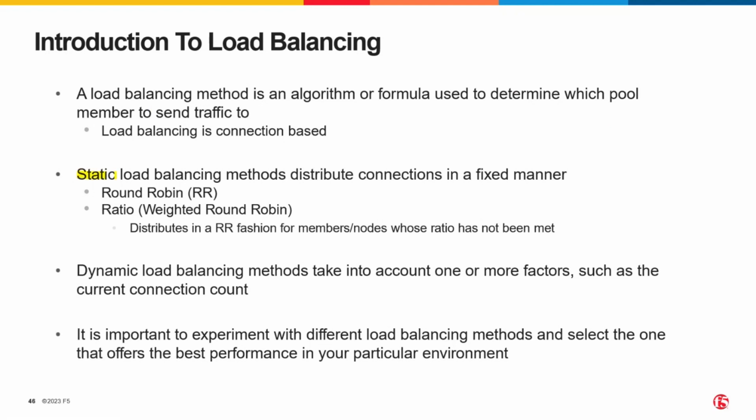So when we talk about static load balancing methods, they are not taking into account actually anything, okay? They are static. So round robin and, for example, ratio, those are static load balancing algorithms. When we talk about dynamic load balancing algorithms, they're taking into account, when they are making the decision where to send the traffic, some metrics, some more factors according to what's happening with this traffic, okay?